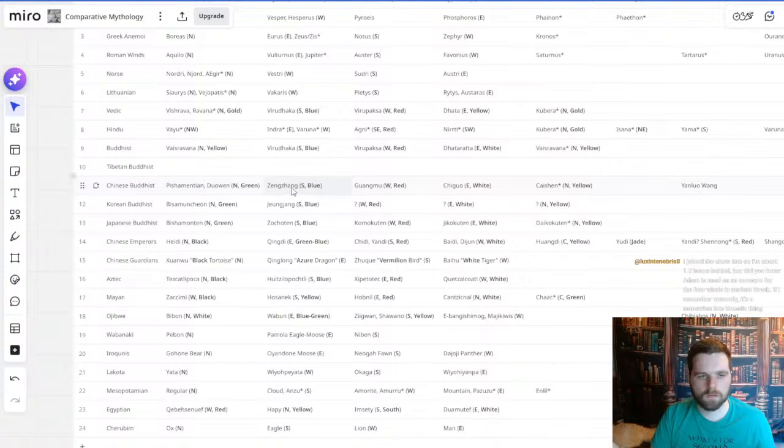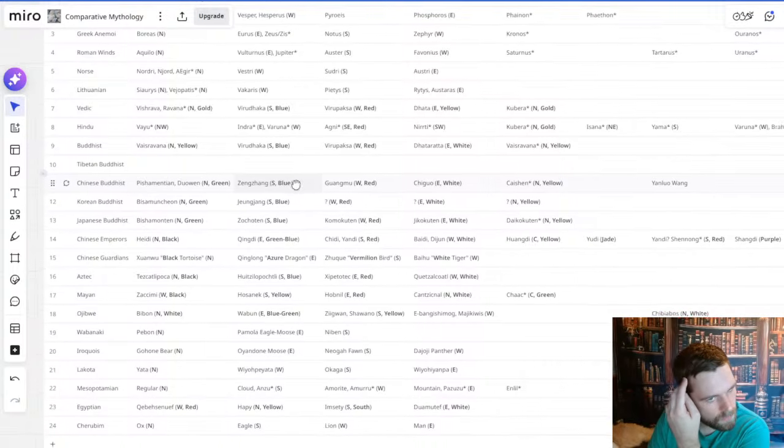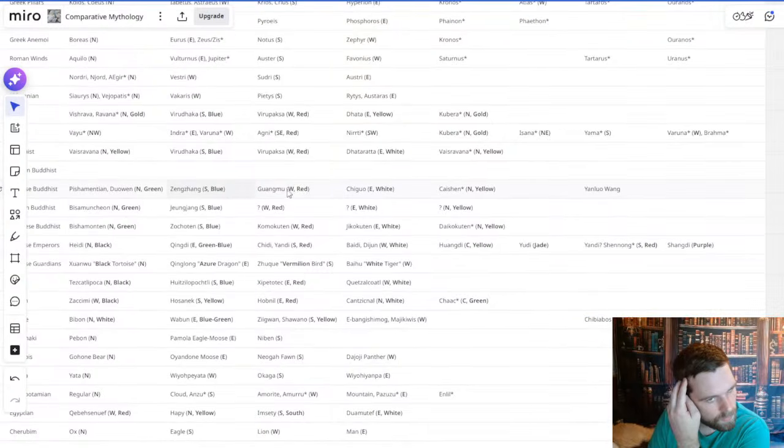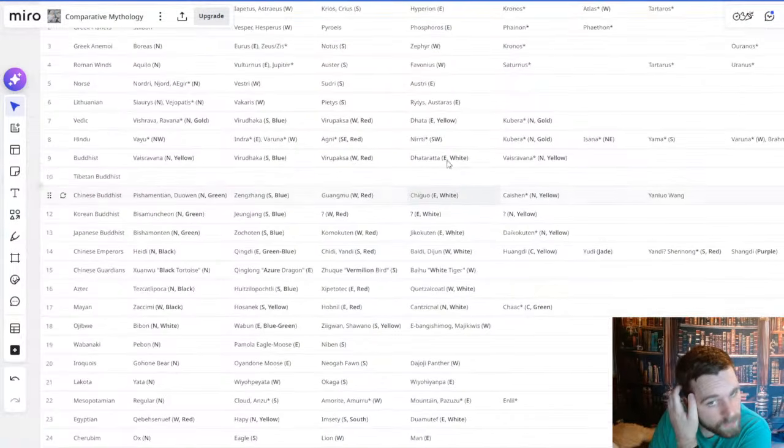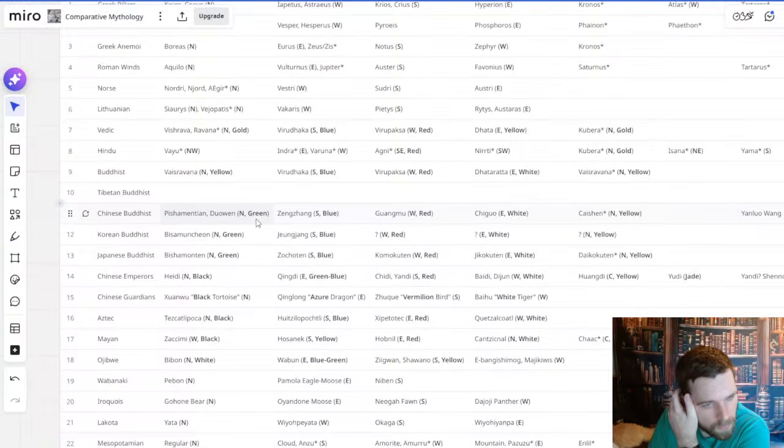Mentian, sorry. North, green. South, blue. West, red. And east, white. So it's keeping east, east, west, west, south, south, north, north. This color is changing to green, which is really interesting for a Buddhist to do.